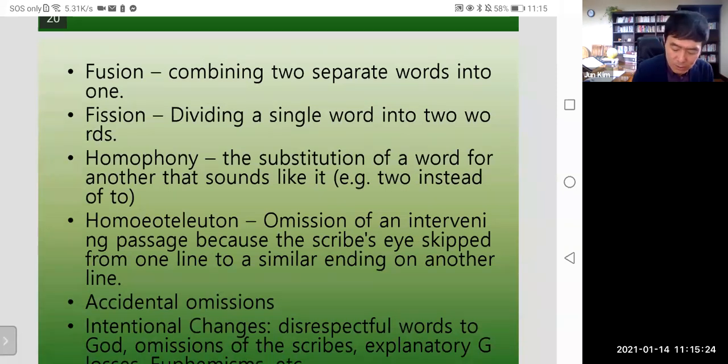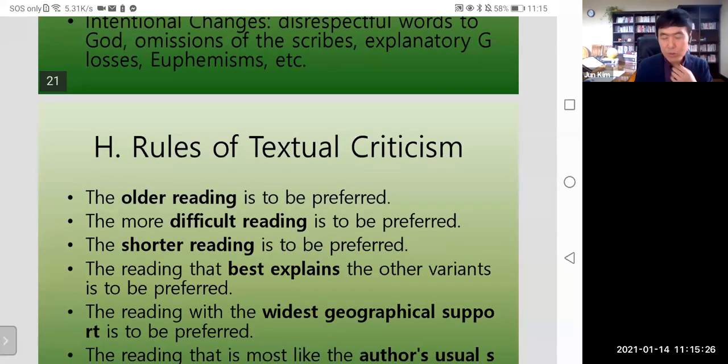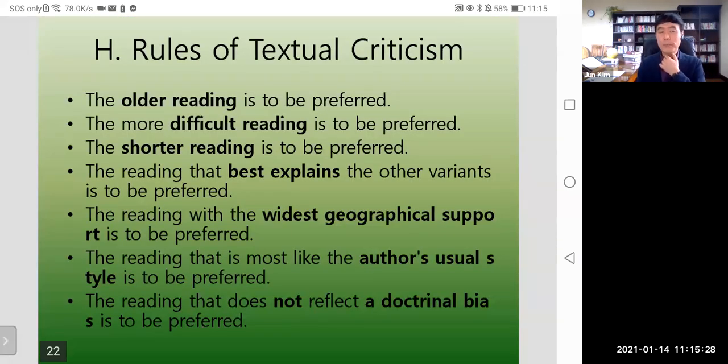So let me quickly teach you how to prioritize the various elements of textual criticism. The older reading is to be preferred. Of course, the older one has more authority. The more difficult reading is to be preferred. Why? Because that is the tendency.